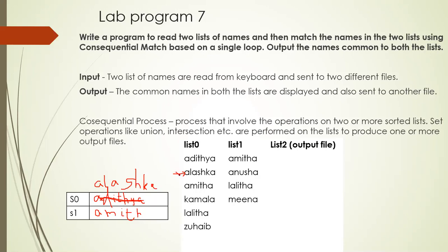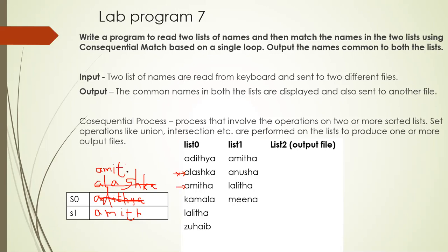So here the pointer will move to the next location. The next location is Amita. So again, read the next line, and then copy that string to S0. So it is Amita. Okay, and compare the two strings.